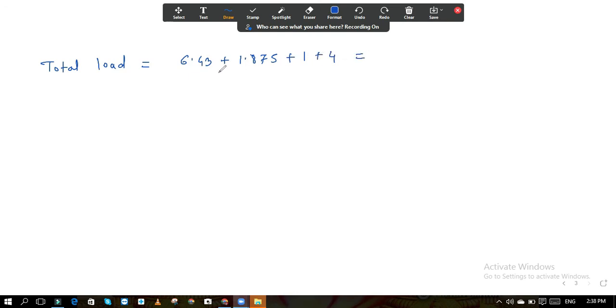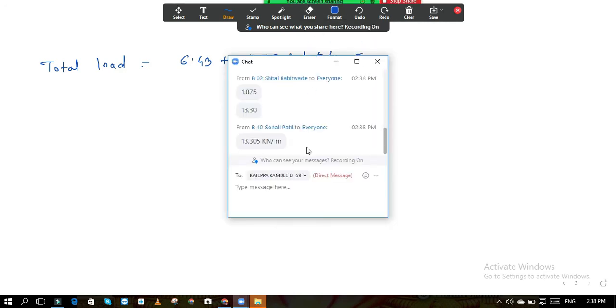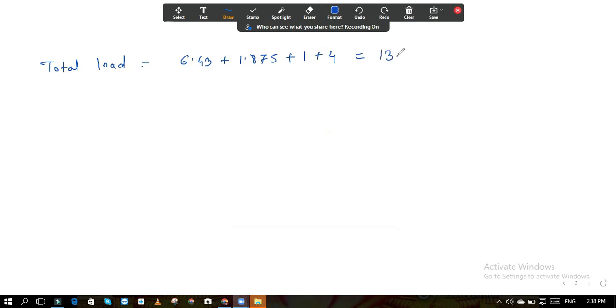So this will be your total load: 13.30 kilonewton per meter.